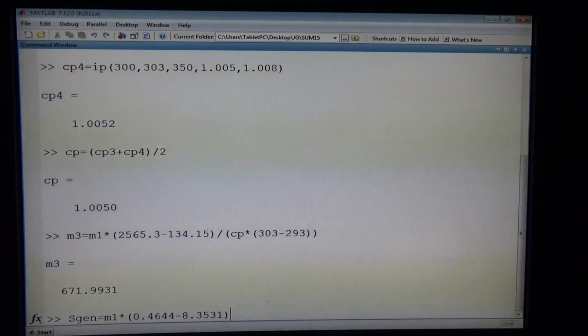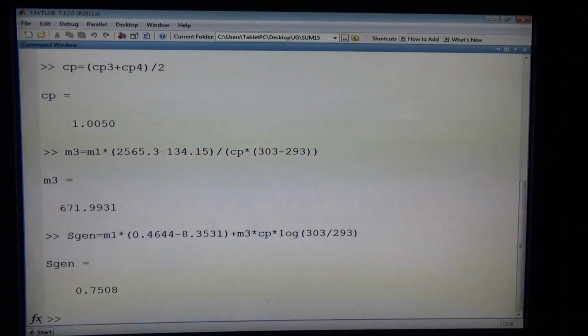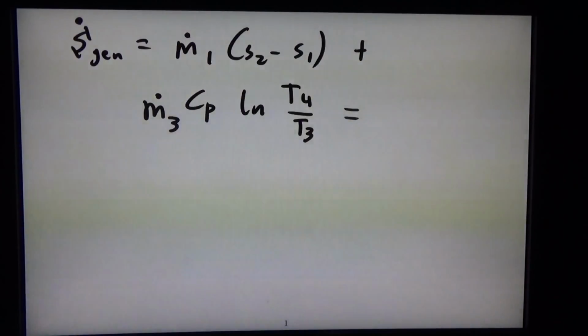Then we have plus mass flow rate 3 times C sub P, same value we've used before, times natural log of T4, 303, divided by T3, 293. So our entropy generation rate is equal to 0.751.